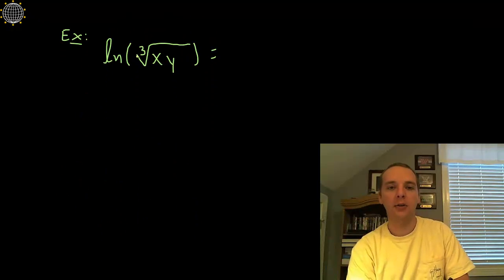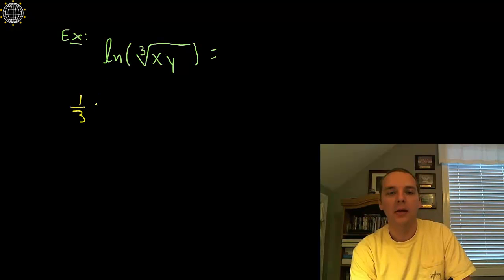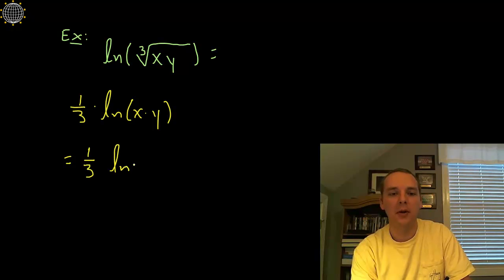Okay, here we have the natural log of the cube root of x times y. As we all know, a cube root is the same as a 1/3 power, like a square root is a 1/2 power. So the 1/3 power can come out front, and then we would have times the natural log of x times y. And then we'd write 1/3, and then this would break apart into addition, but let's be careful how we write it.